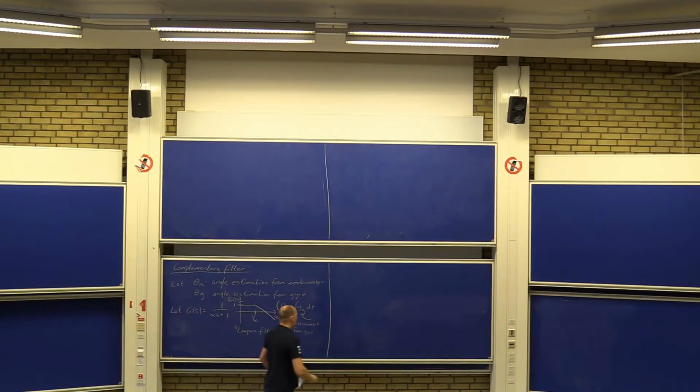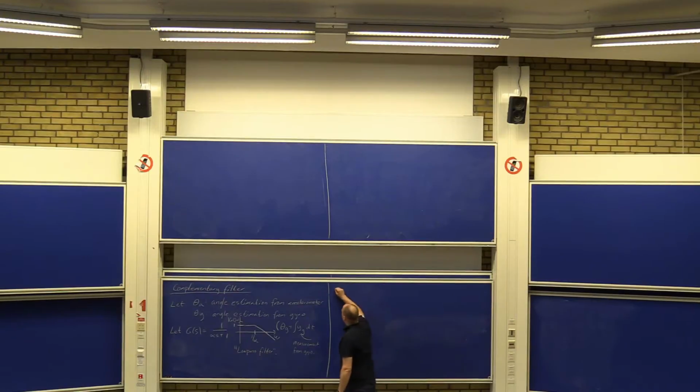Okay, and then we get a high pass filter. So 1 minus G of s is 1 minus 1 over alpha s plus 1, which will be alpha s divided by alpha s plus 1.